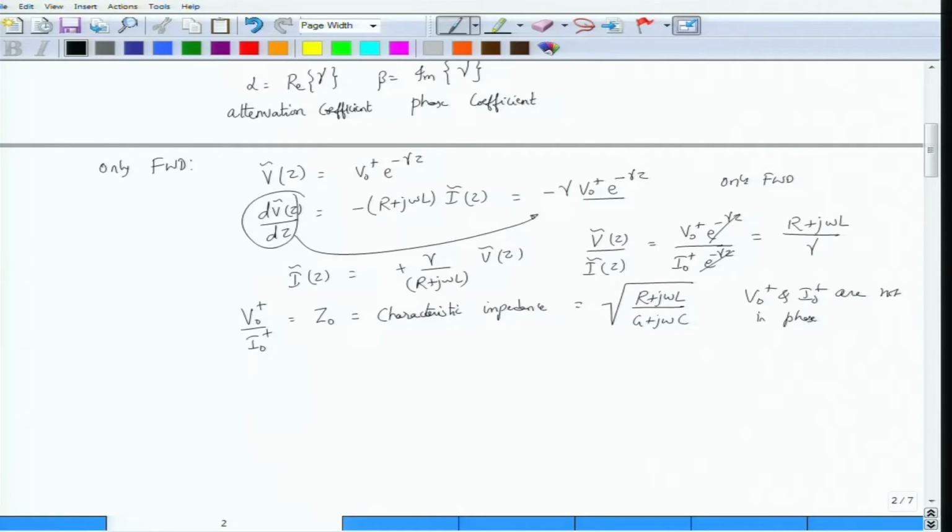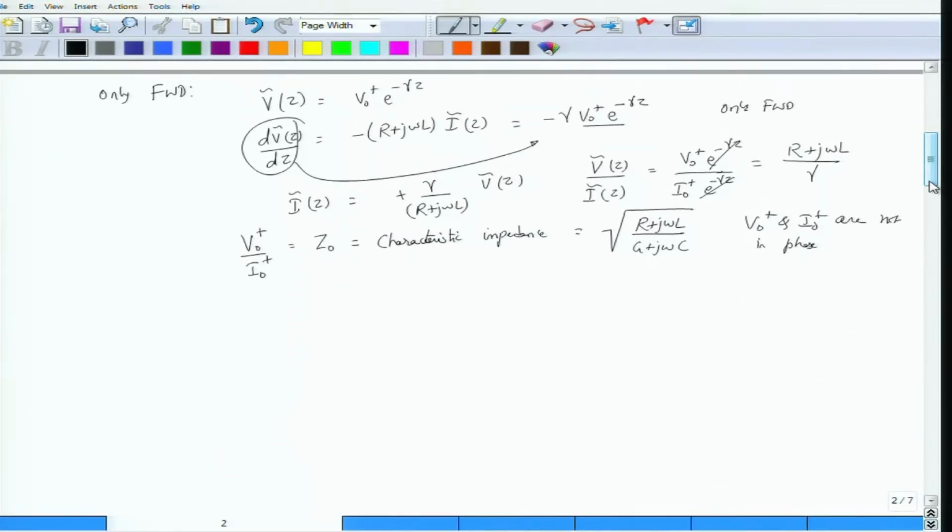Obviously that power must be getting lost in the R and G terms, because R represents the imperfect conductors which make up the transmission line, and G represents the imperfect dielectric that fills the conducting region. So, this is your characteristic impedance.